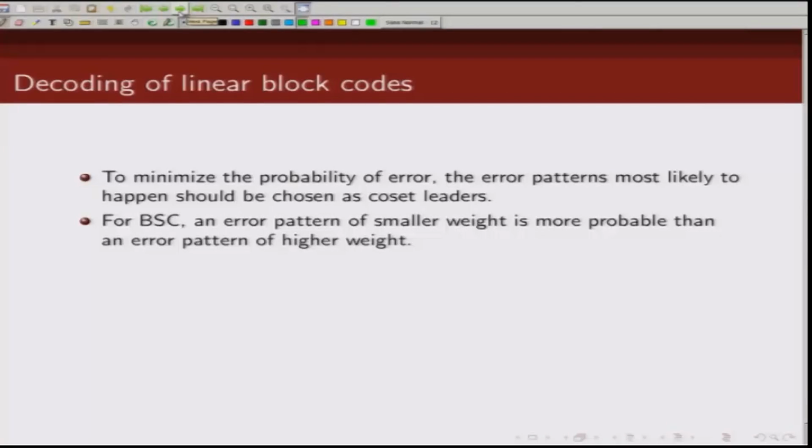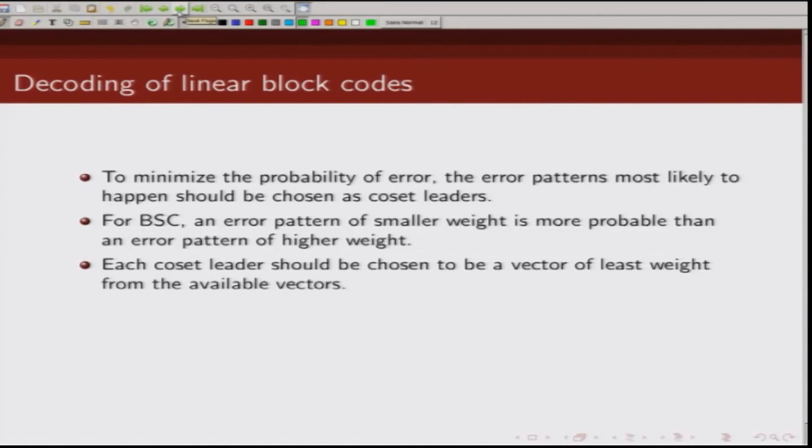If we run out of them, we start with Hamming weight 2, 3, and so on, because they are more likely error patterns. And we have shown that for a binary symmetric channel, error patterns with smaller weights are more likely than error patterns with larger Hamming weight. So, within a coset, we should choose the element with the smallest Hamming weight as our coset leader.